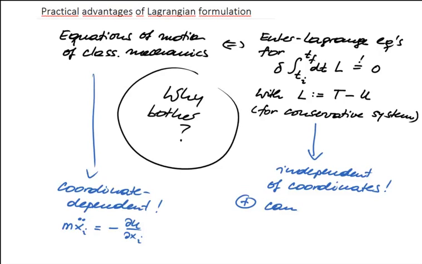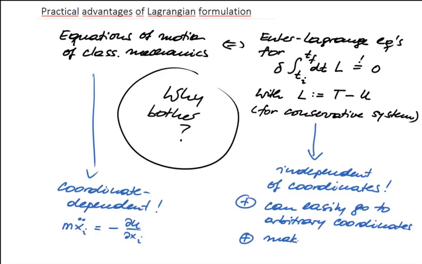So it's very easy to go to arbitrary coordinates, and we will see later that this has the additional benefit that this makes it very easy to incorporate constraints on the system.